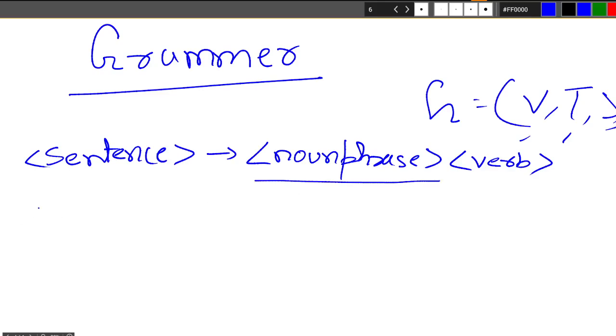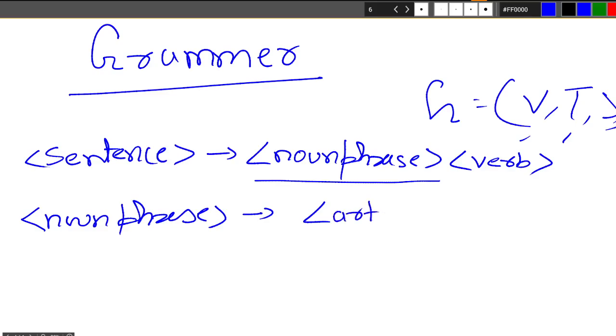Let me write it separately. A noun phrase, if we are talking about a dog, will have an article and a noun, then it will be a noun phrase.